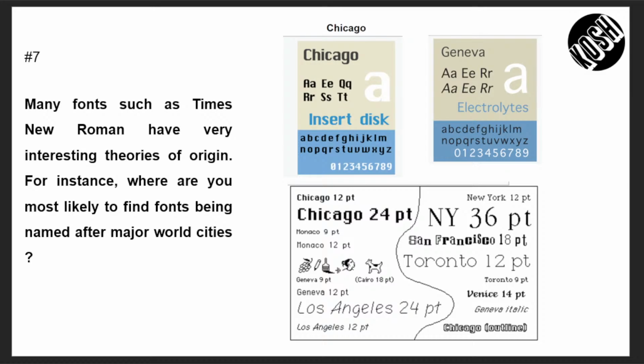Ashwin, we are waiting for your answer. I think it's a little bit difficult. Okay, I guess it's a little bit tricky. I don't think there are many clues in it.